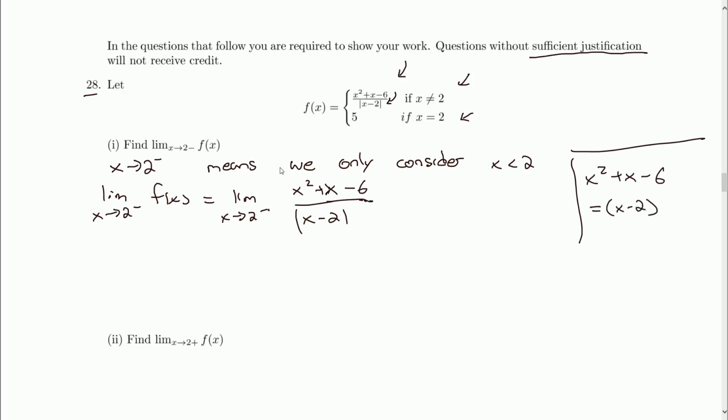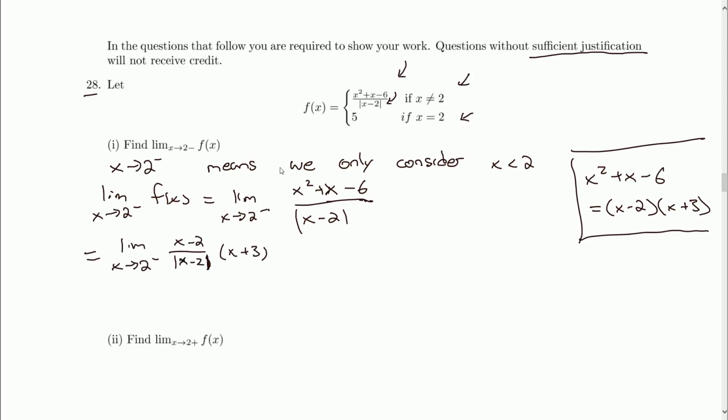We can see this either with the quadratic formula, or we could try and factor it out in our heads. 2 and minus 3 are going to be the roots here. Okay? So that tells me that I've got the limit as x approaches 2 from below of x minus 2 over the absolute value of x minus 2 times x plus 3. Okay.